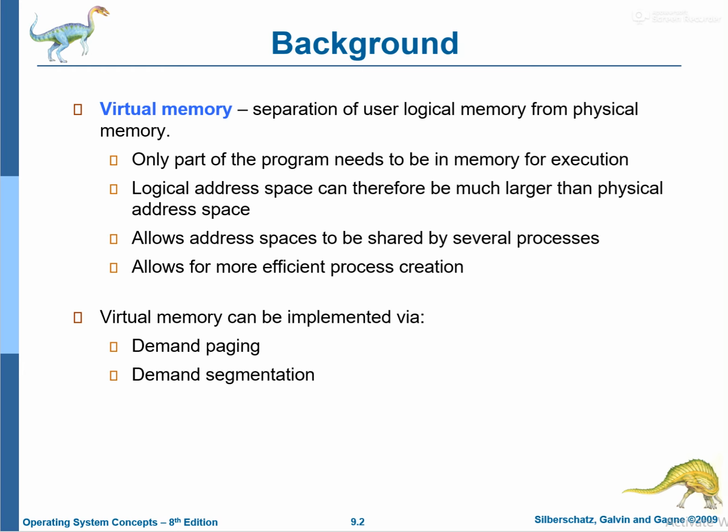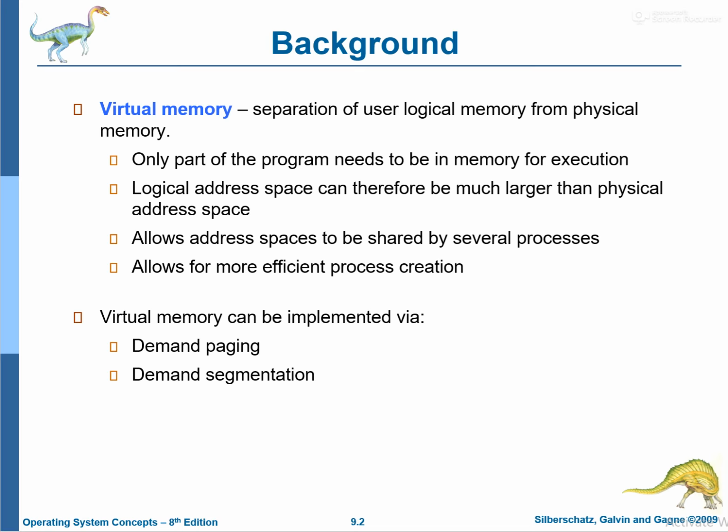In case of using virtual memory, a program would no longer be constrained by the amount of physical memory that is available, and each program could take less physical memory, so more programs could be run at the same time, and less IO would be needed to load or swap portions of programs into memory, so each program would run faster.